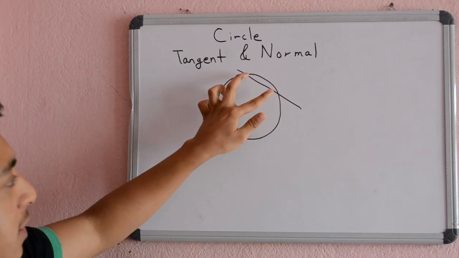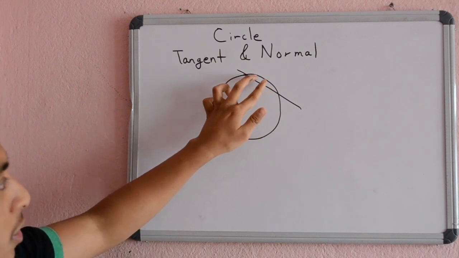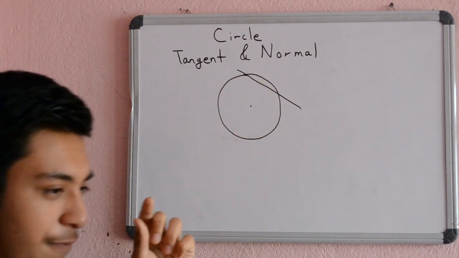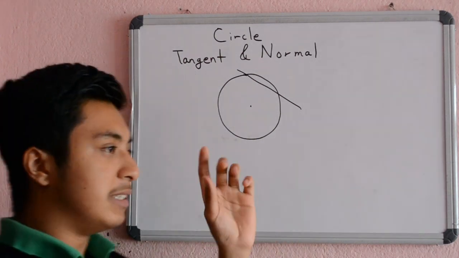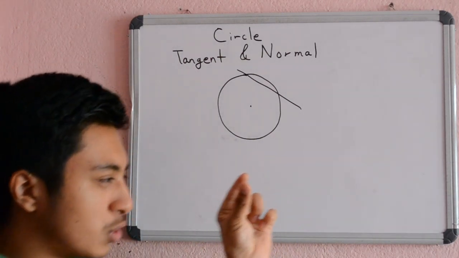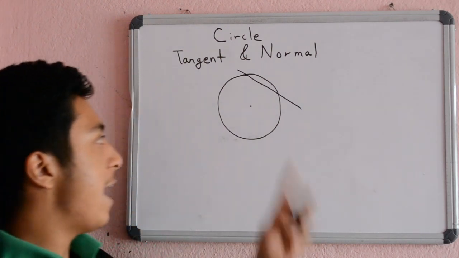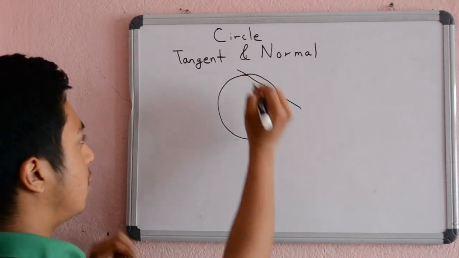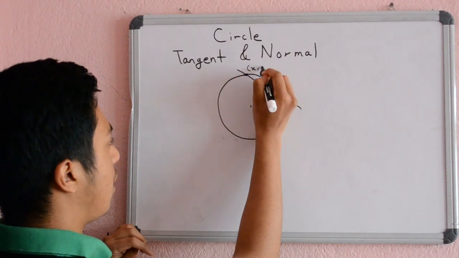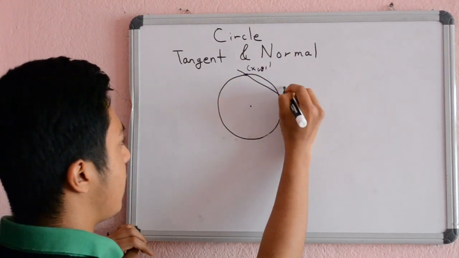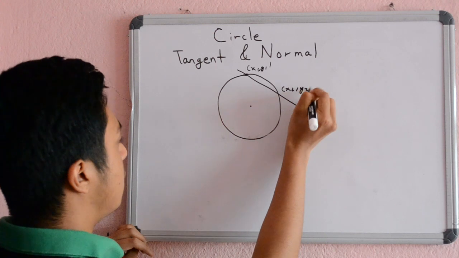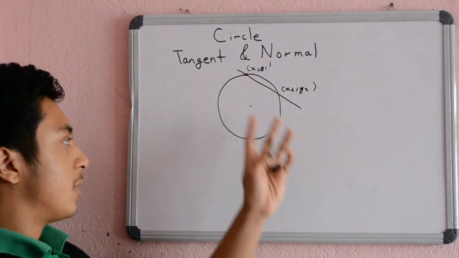As these 2 points get closer and closer to each other, they reach a point where they are so close to each other as if they are one point, and then they become the tangent. So let's say this is x1 comma y1 and x2 comma y2.